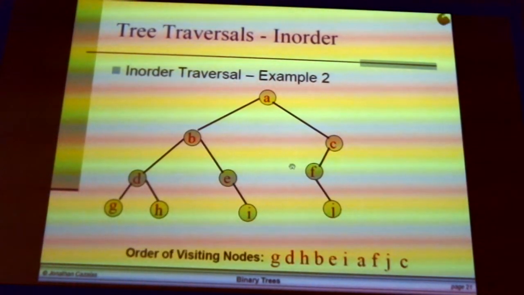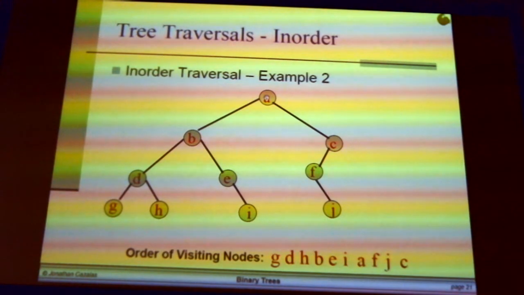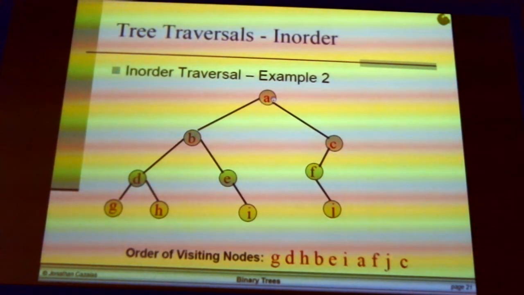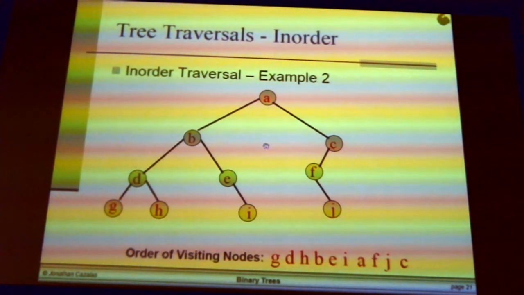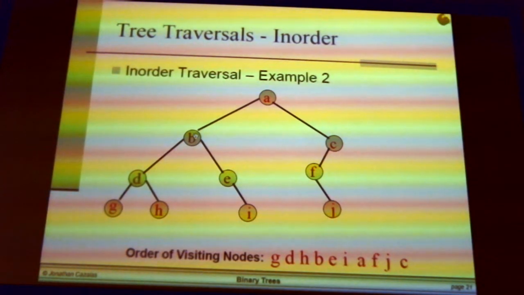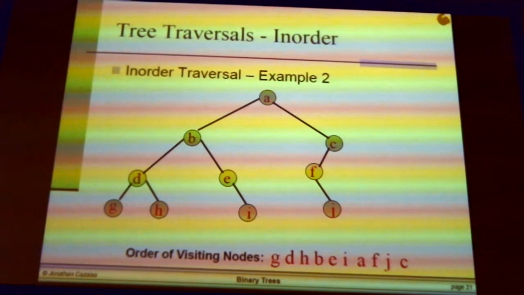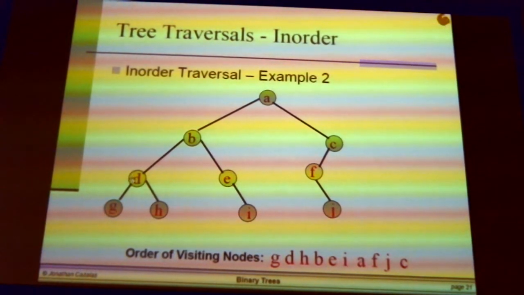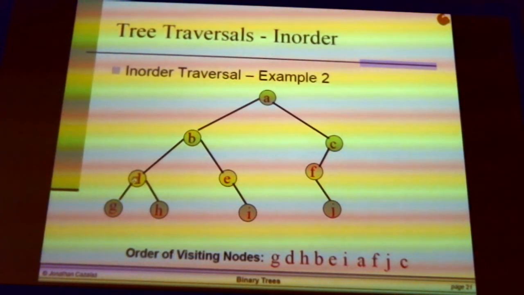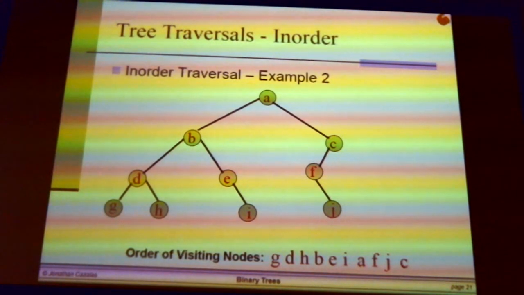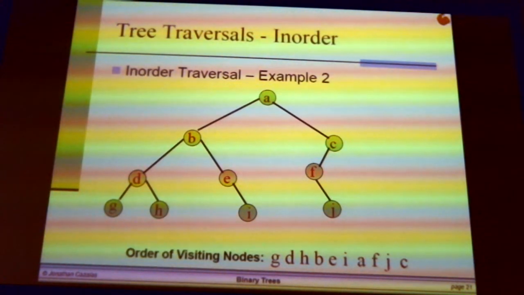If we had a more complex one, so here's our A, but we're doing in order, so we actually need to visit the roots first, right? So we come here to B. B has children, so we still have to go even further down. We go based on the children of the leftmost branch.